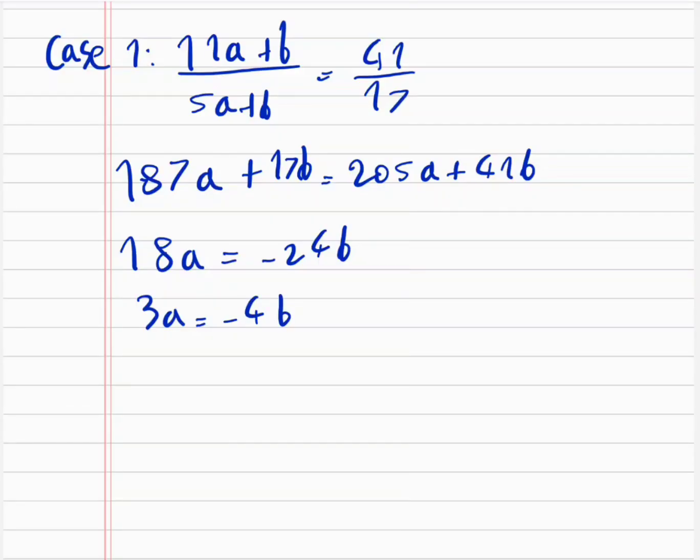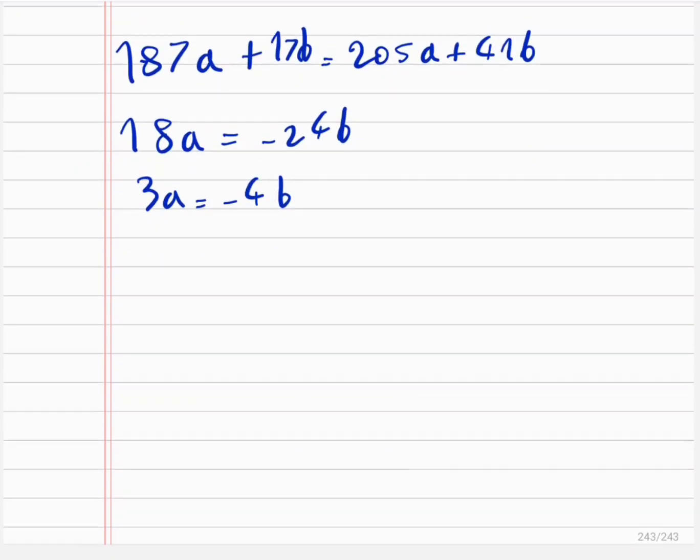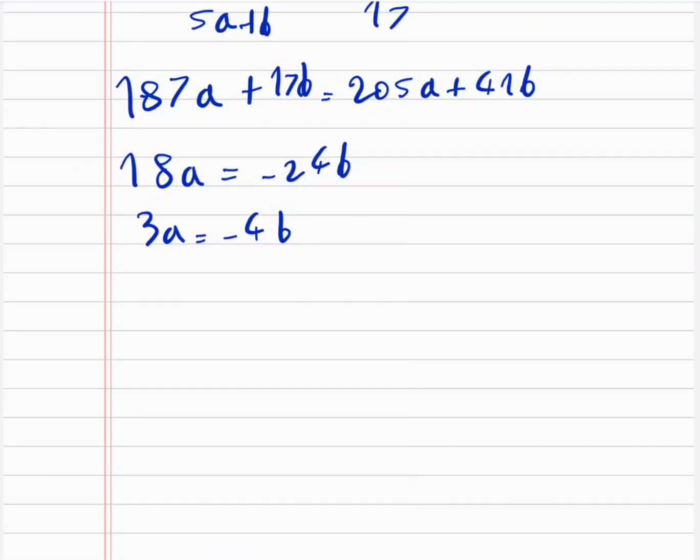At the start of the video, I mentioned that we need to use a trick, and that's here, because at this step we can't go further, but we need to look at the question logically. In the beginning, it said that a is between 0 and 10. Also, this equation says that 3 times a is equal to 4 times b. So whatever the value of b is, we multiply it by 4 and we get a, which means that a is a multiple of 4.